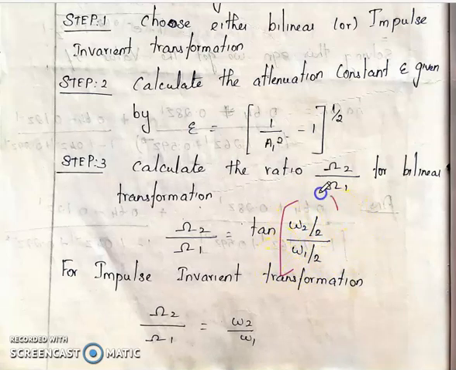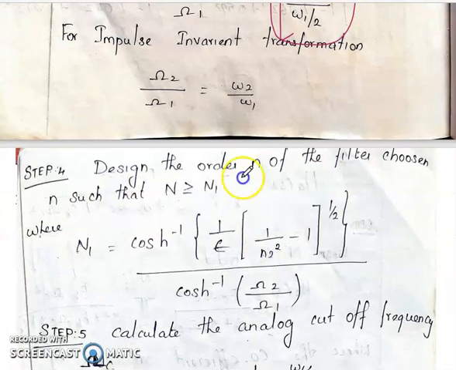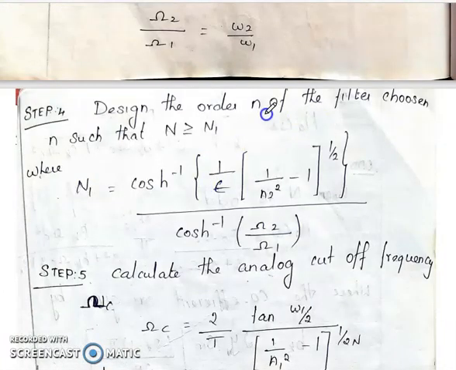Okay, so this is the formula we use here. Then for impulse invariant transformation, we know the formula ω2 by ω1 is equal to Ω2 by Ω1.